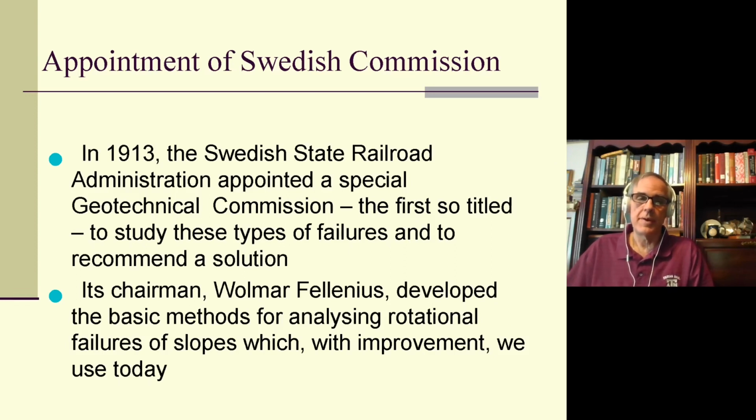And its chairman, Wolmar Fellenius, developed the basic analysis methods for analyzing rotational failure of slopes, which is basically what happened in the Gothenburg Harbor as well. And we're going to talk about that towards the end of the course, with improvements we use the same methods today. And the name Fellenius is going to turn up again. The Felleniuses are a very illustrious family of Swedish and Canadian geotechnical engineers, and you're going to see that name again.